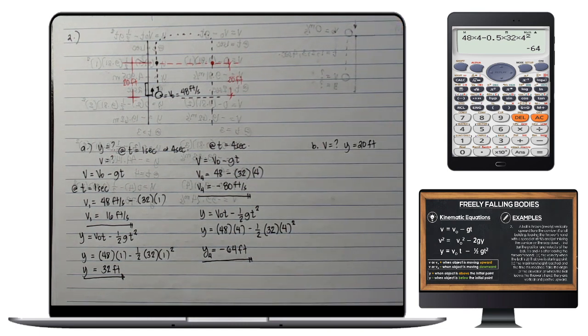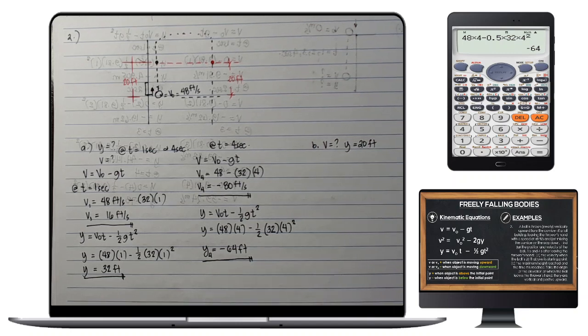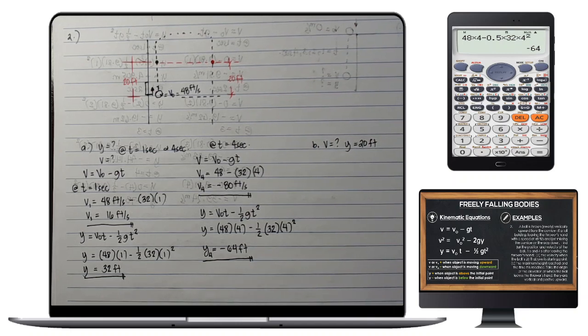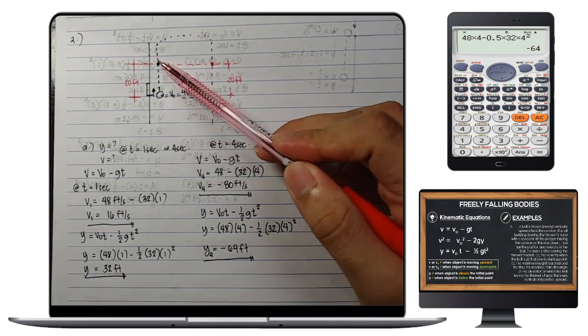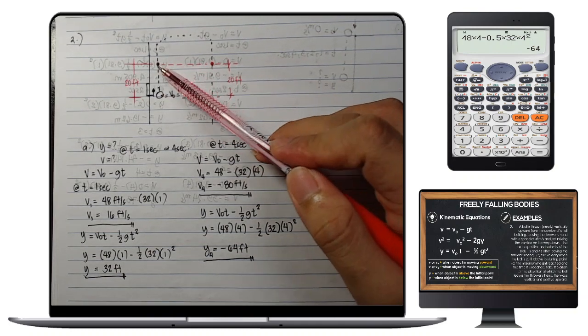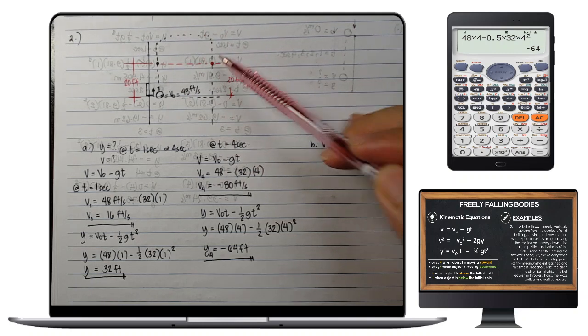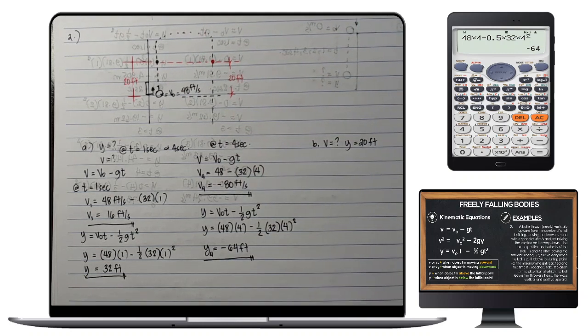So, meaning to say, gusto ko lang sabihin na dalawang beses pwedeng mag-occur yung 20 feet above the initial point. One is when the motion is still going upward or yung ball natin is going upward and ang isa ay yung ball natin is pababa. Okay? So, dalawang beses yan pwedeng mag-occur.